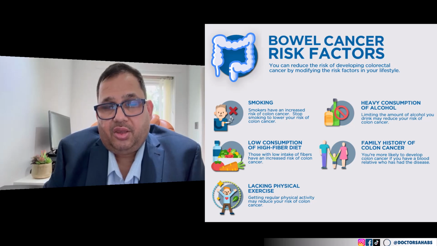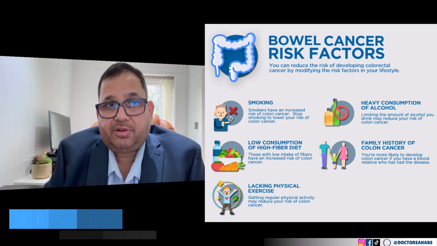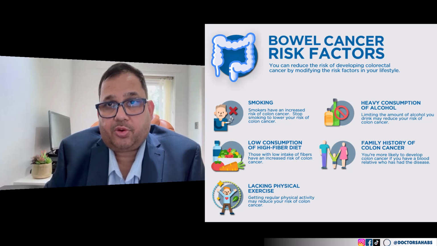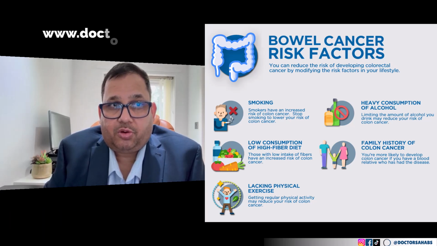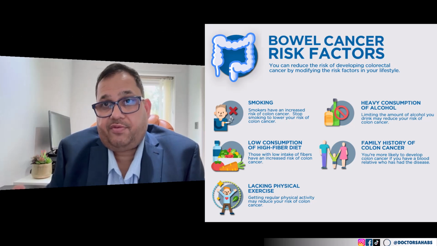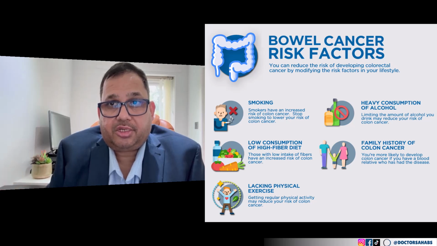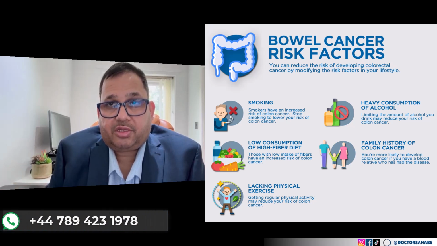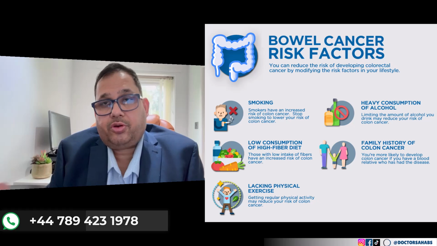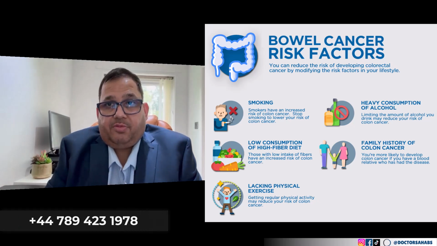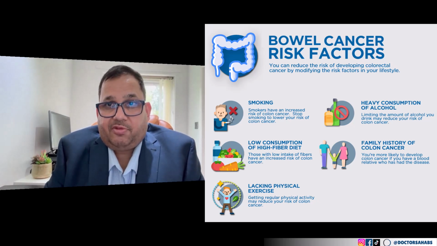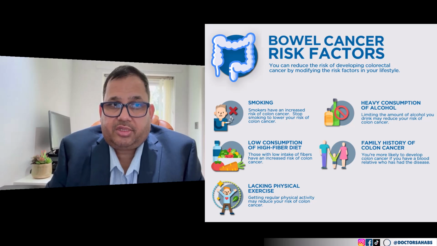In the majority of cases the symptoms start after the age of 50 years, or are commonly seen in people who are overweight or smoking. Those people who smoke, also, may have a family history of bowel cancer, because family history is also one of the risk factors of bowel cancer. Or you may have inflammatory bowel disease, because sometimes inflammatory bowel diseases like ulcerative colitis and Crohn disease are also linked with bowel cancer.